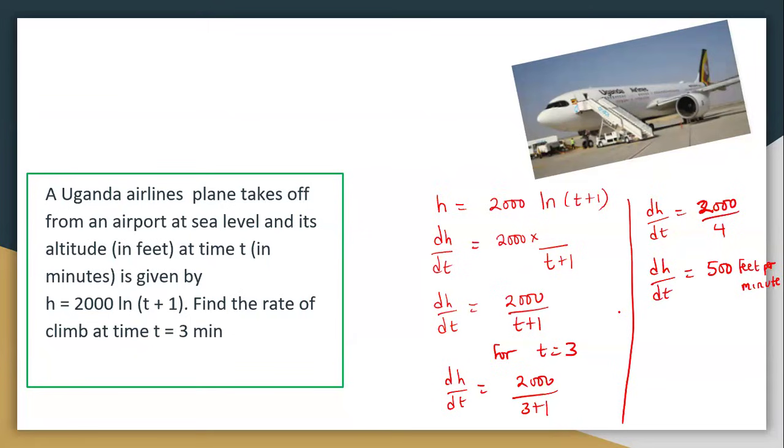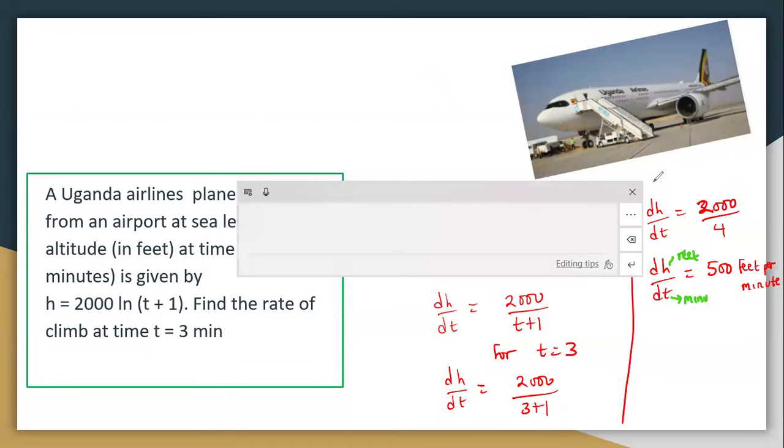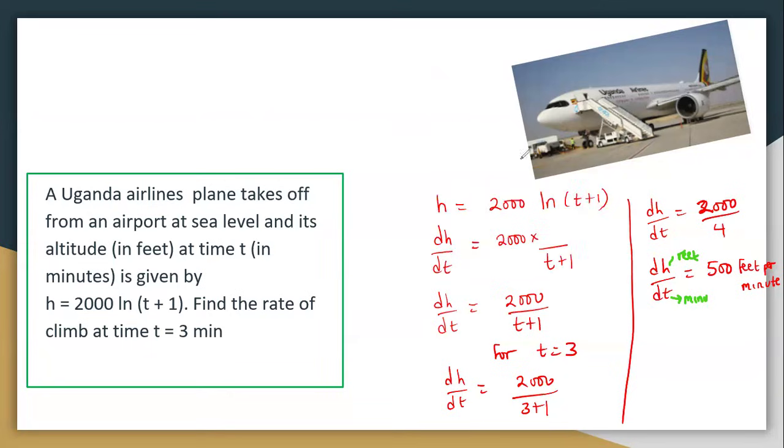So remember, members, always define it very well: the h is given in feet, the t is given in minutes. So that is feet per minute, and therefore you make your conclusion basing on that. In other words, what you are finding here is the vertical velocity of how planes move.